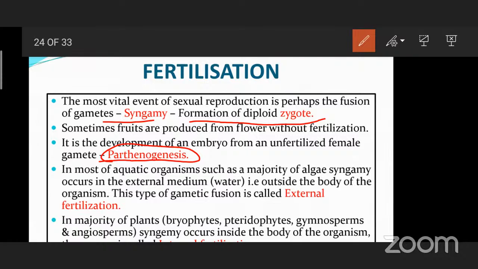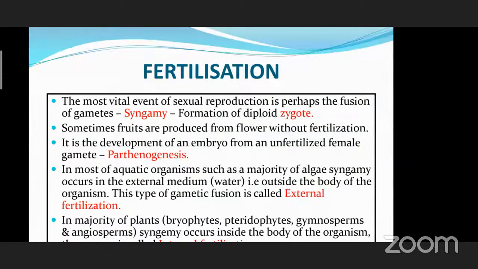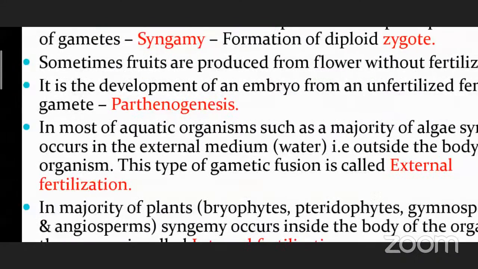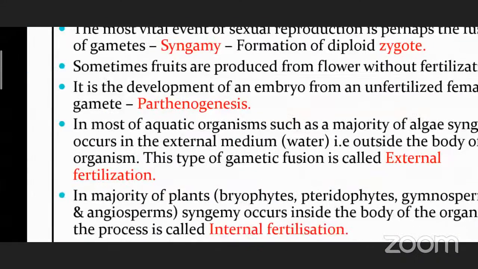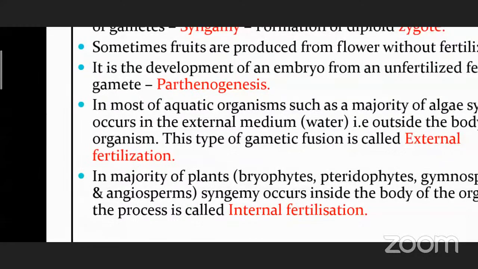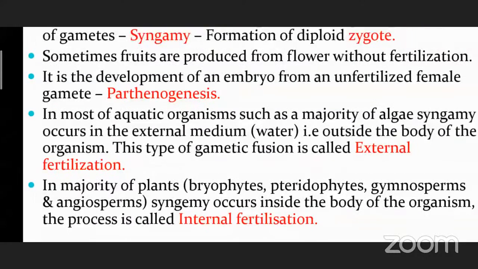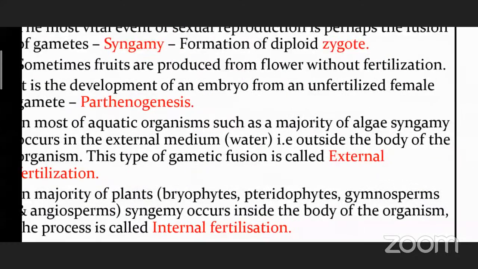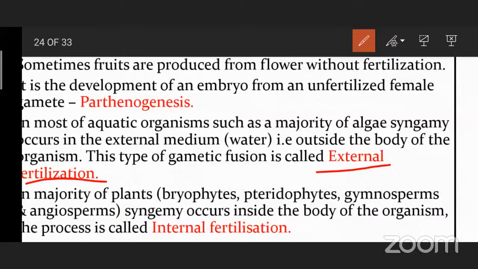In most aquatic organisms, such as the majority of algae, syngamy occurs in an external medium. This medium is water, that is, outside of the body of the organism. This type of gamete fusion is called external fertilization.